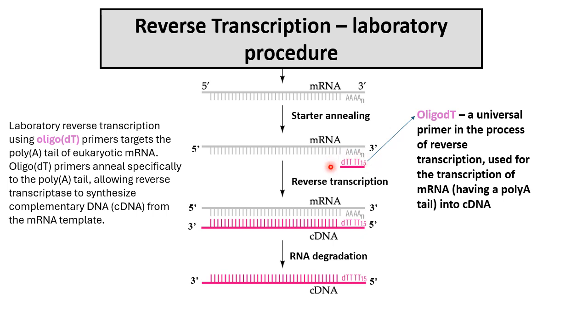And the starter is a universal one in the process of reverse transcription. It is composed of thymine deoxyribonucleotides. So it's in fact the short fragment of DNA composed of thymine deoxyribonucleotides, and it will bind to poly-A tail, which is present at 3' end of mRNA molecules.